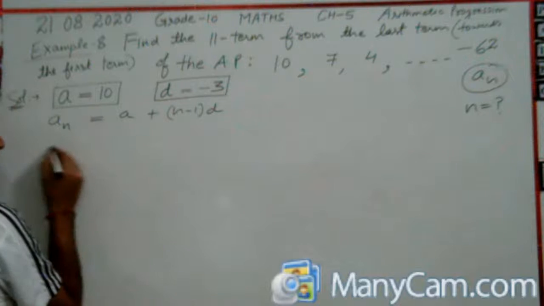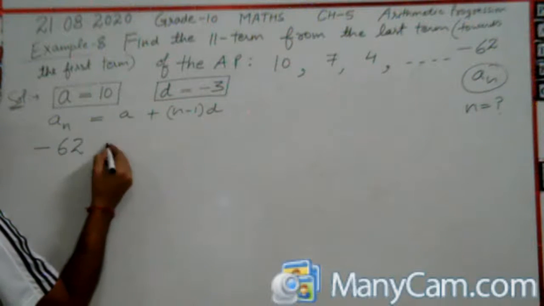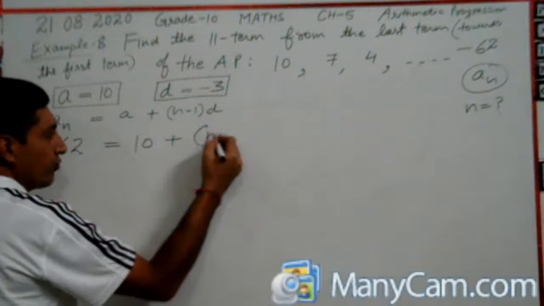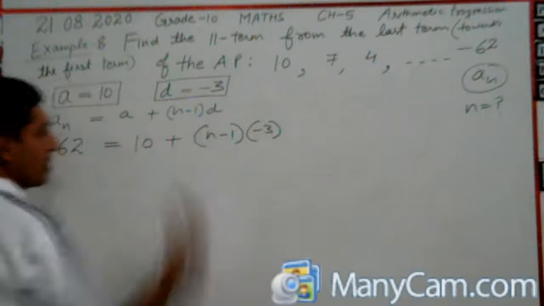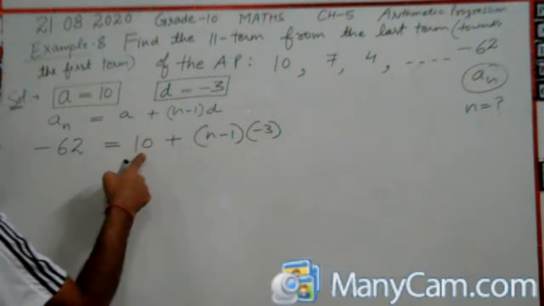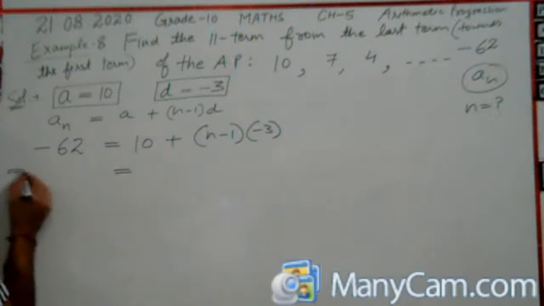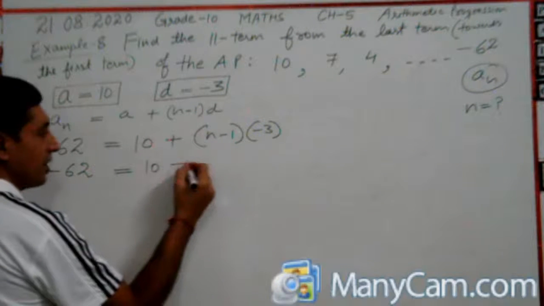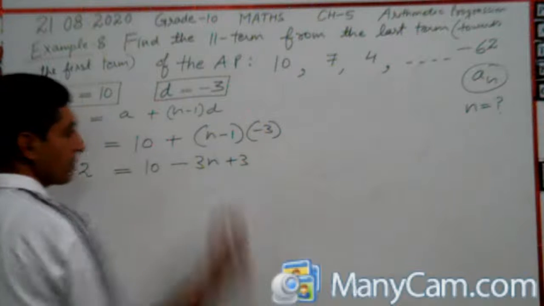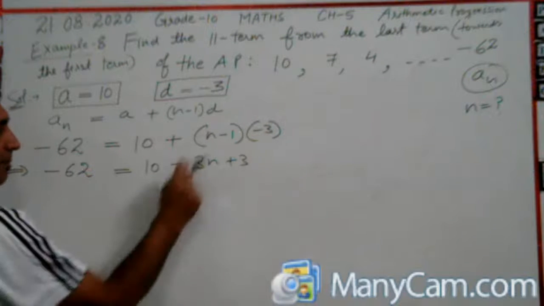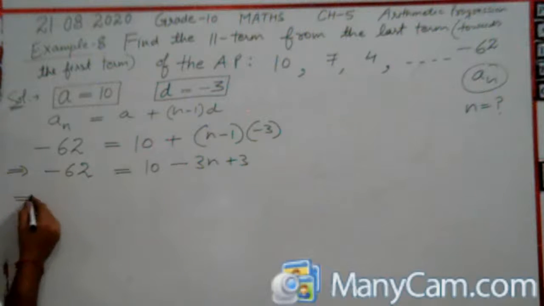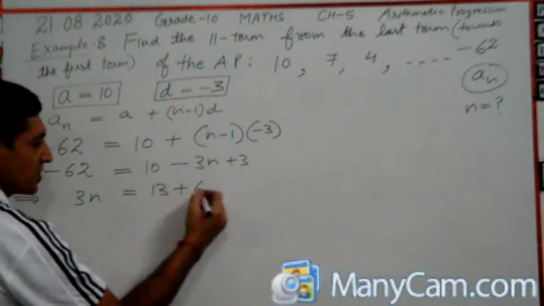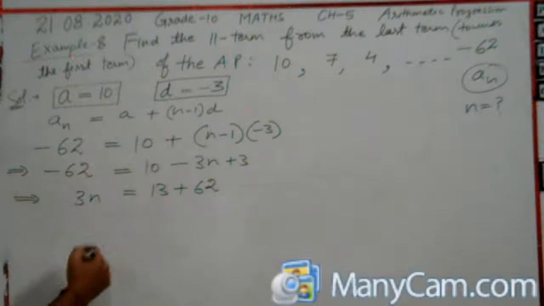So here minus 62 is equal to a, the first term, which is 10, and the common difference is minus 3. This implies minus 62 = 10 + (n - 1)(-3), that is 10 - 3n + 3, as minus times minus becomes plus. Rearranging, 3n = 13 + 62, that is 75.